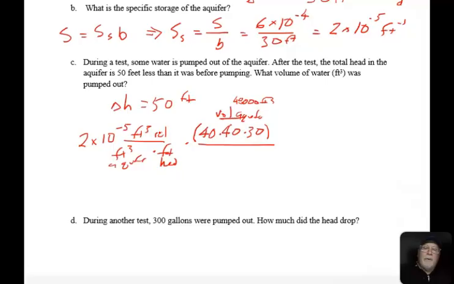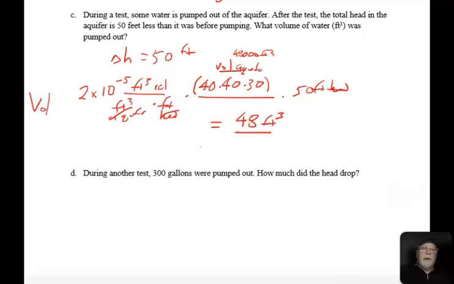Volume of aquifer times 50 feet of head change. 50 feet of head. So that cancels out with that. And that turns out to be 2 times 10 to the minus 5 times 48,000 times 50. It would be 48 cubic feet is the amount that went out. So the volume out was the 48 cubic feet.